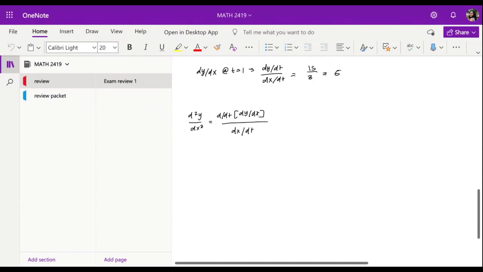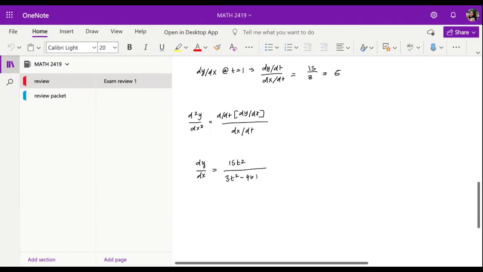So from our initial equation earlier, we had for dy dx in terms of t, 15t squared for dy dt over dx dt, which was 3t squared minus 4t plus 4.